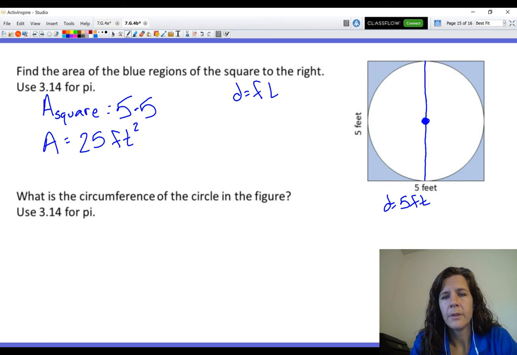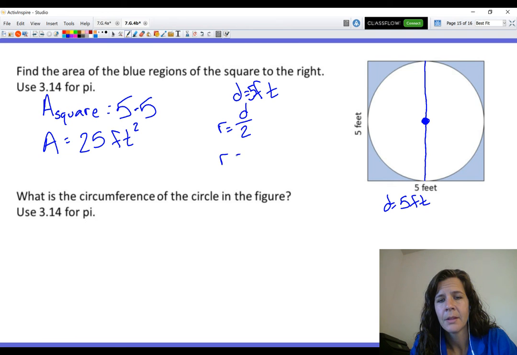Diameter equals 5 feet. Remember, the radius is the diameter divided by 2. And we need radius to find area. Diameter divided by 2, 5 over 2. Radius equals 2.5 feet. So each of these pieces is 2.5 feet.